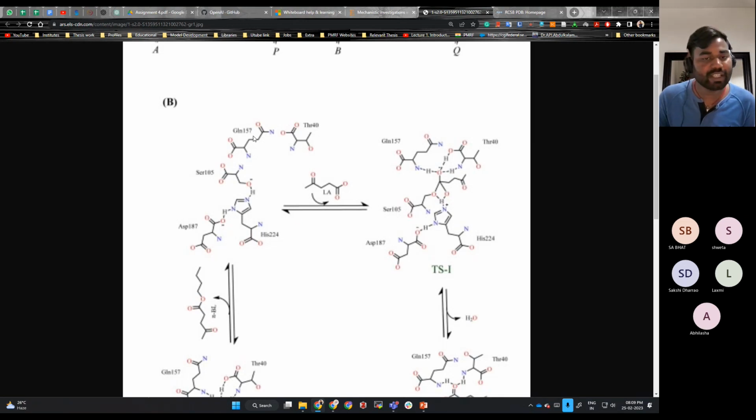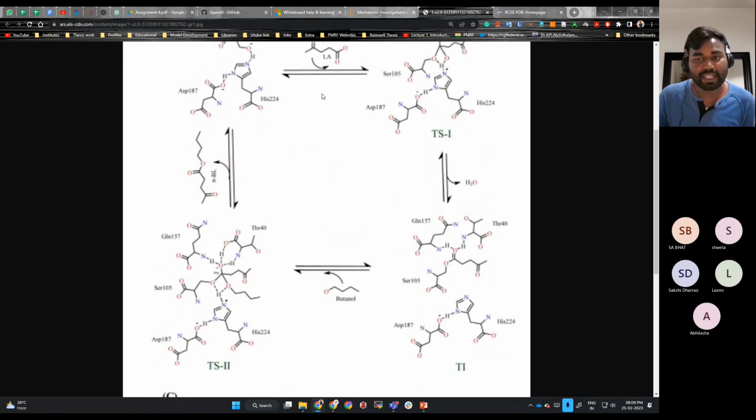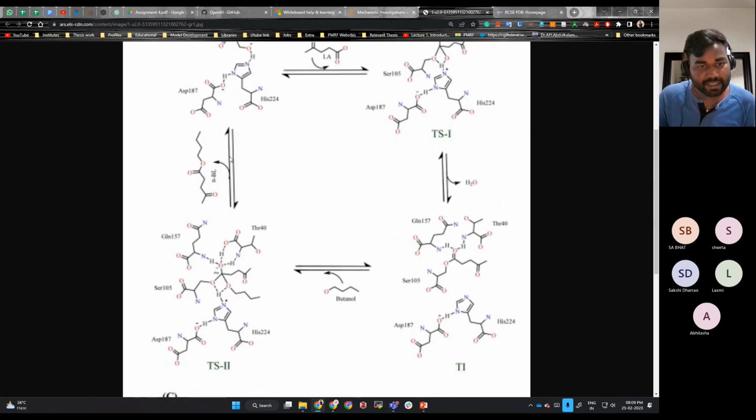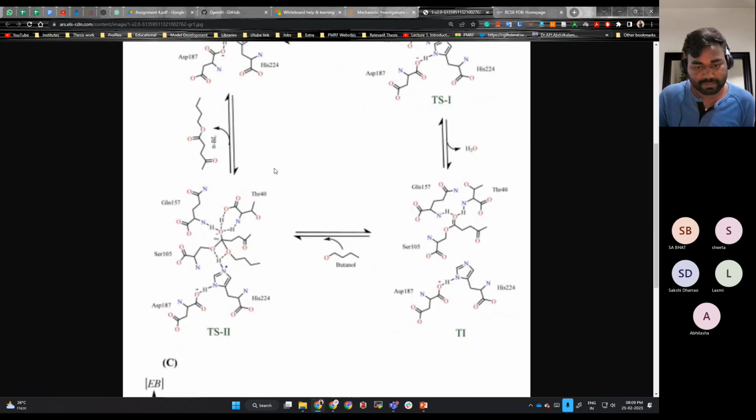Now let us assume the enzyme is not present and you have only levulinic acid and alcohol in your system. The collision might not be very effective and the reaction will not be faster. This is how the enzyme takes up one substrate, makes the modification, then takes the second substrate and releases the product. Finally, it resumes its original state.